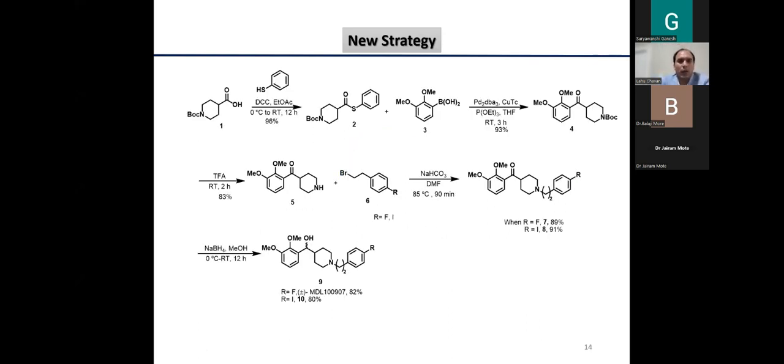So we began our synthesis from commercially available compound 1, and initially we did a thioester formation by coupling the acid with thiophenol in the presence of DCC and ethyl acetate, which gave compound 2. Then at this point we employed that name reaction, the Liebeskind-Srogl cross-coupling reaction, between this boronic acid and the thioester to give compound 4.